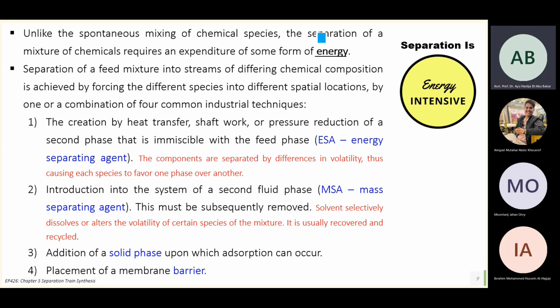Okay, some separation processes require some form of energy. It can be ESA or MSA. If the process uses the assistance of heat transfer, shaft work, or pressure reduction, which involves energy, then we call that ESA, energy separating agent.